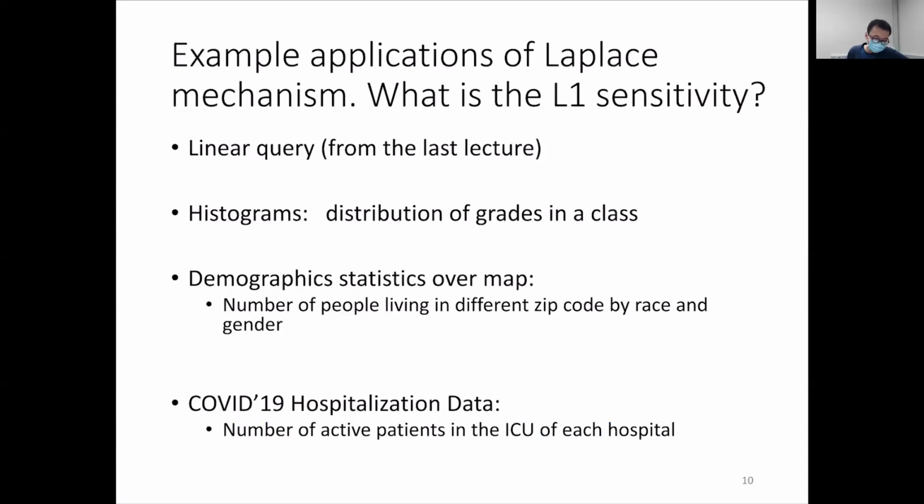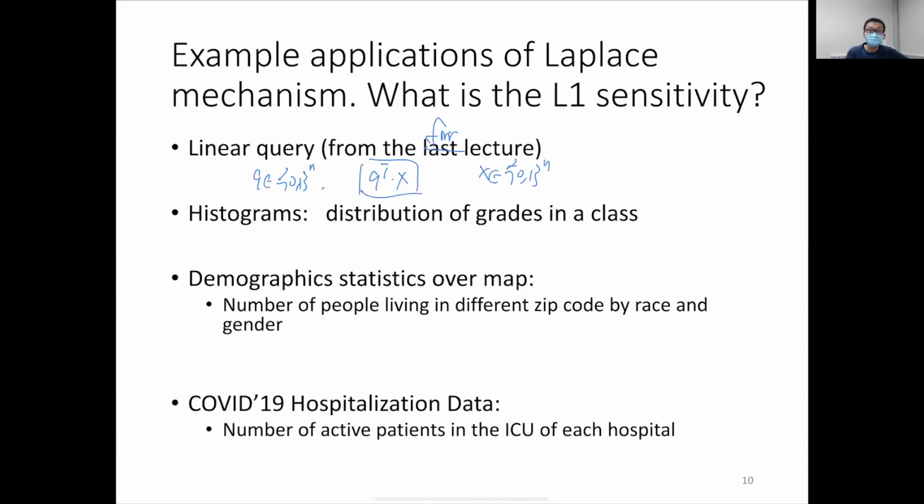Let's first start with the linear queries from the first lecture. There is this Q that's the indicator vector, and the linear query is Q transpose x, and the data space x is also a bit vector, one person per bit.